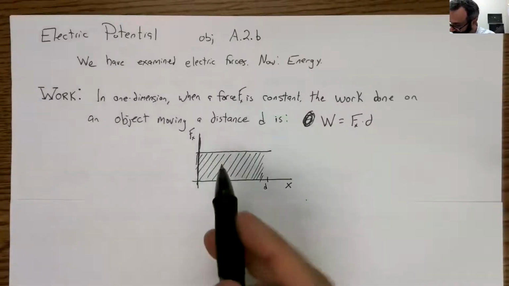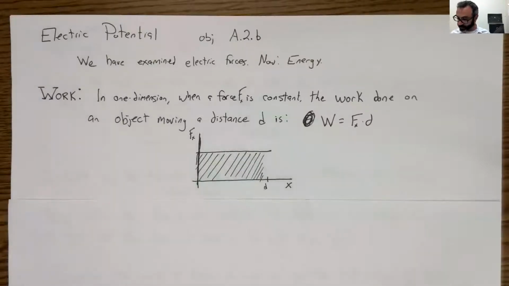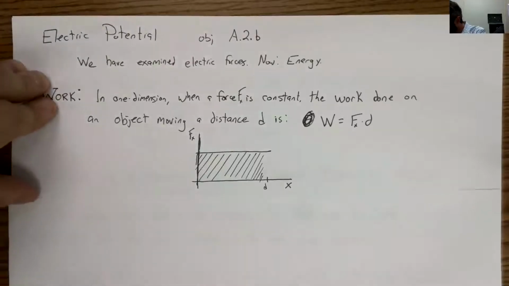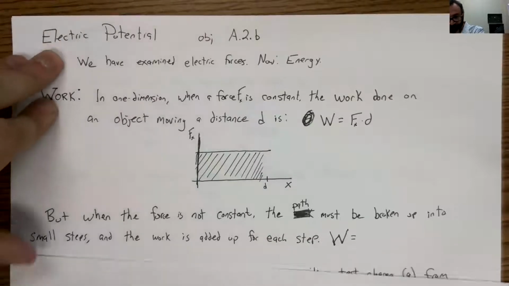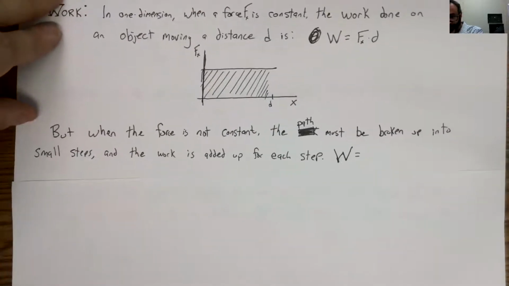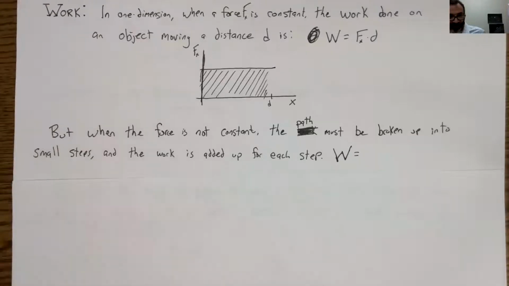So that's for a constant force. It's nice and easy, but with our electric forces, we know they're not constant, right? Because the farther you get away from a source charge, the weaker the electric force is going to be. So when the force is not constant, we have to break the path up into a series of small steps, and then we add up the work that we do on each step.